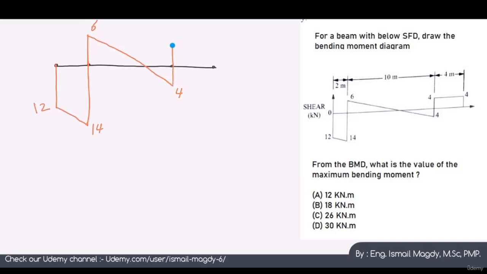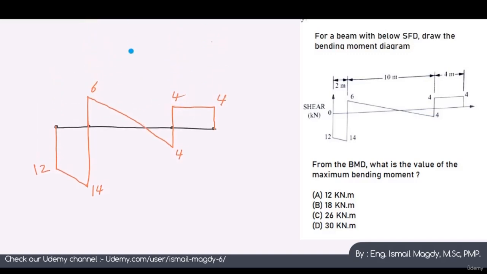Again we're going up to 4 and 4. So this is the shear force diagram that we have, and of course we have the distances as we can see here. And he wants us to obtain the original beam. How does it look like? And from it we can calculate the bending moment diagram.